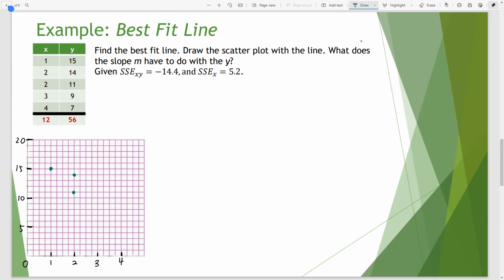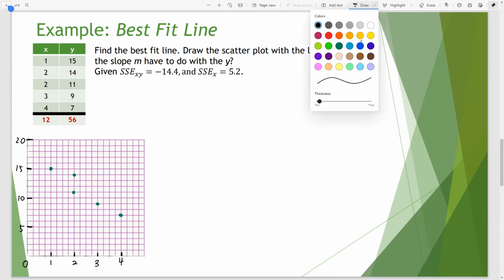The fourth point, x is 3, y is 9. And the last point, where x is 4, y is 7. Okay, so we have those 5 points as the scatter plot.